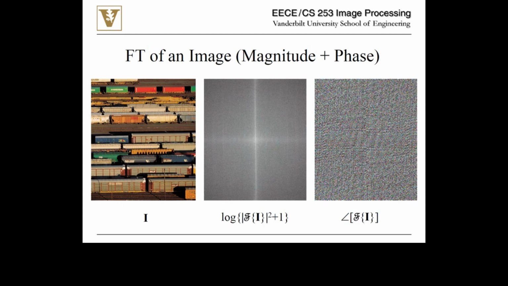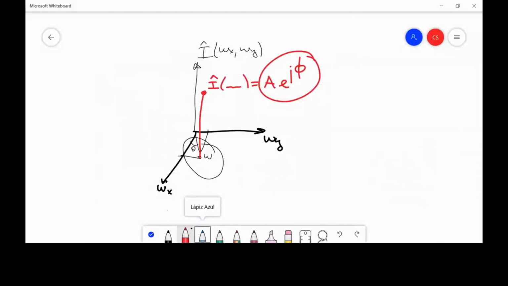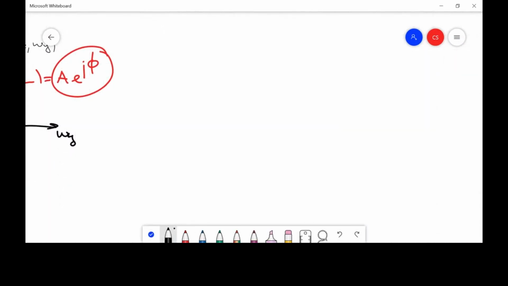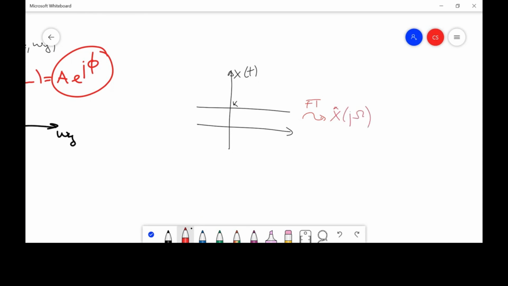And let us think of that. Okay, so what is the Fourier transform? Let's say that we have a signal here, x of t, that is a constant, any constant k. What is the Fourier transform of that? The Fourier transform of that signal, which one is it? The delta.